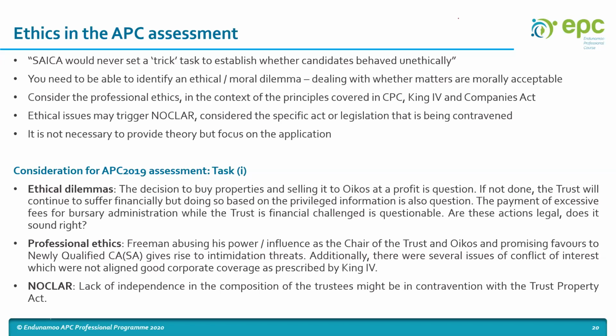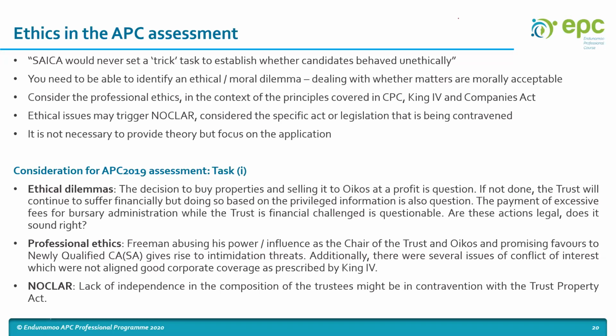Like in this case, we were saying we need to appoint the auditors of Oikos as the auditors of the trust. You need to say, well, they are already coining it at Oikos. So now we're going to be paying them again in the trust. Is there not going to be a self-interest threat here?